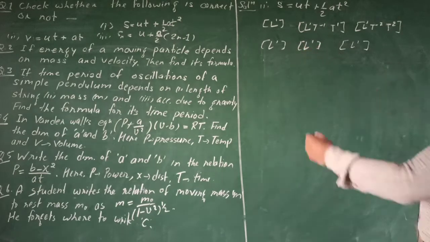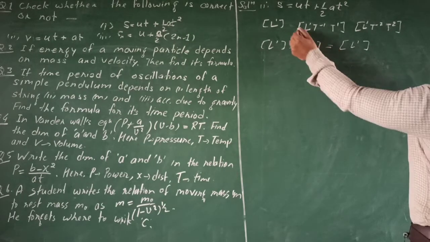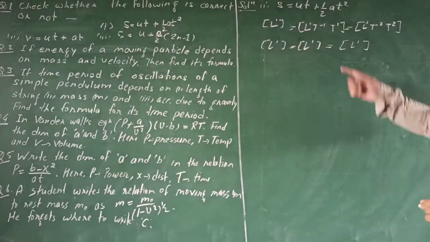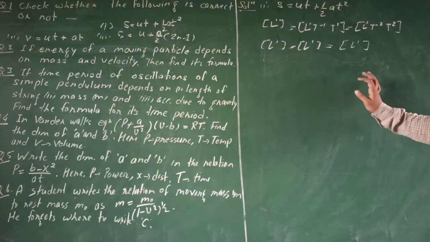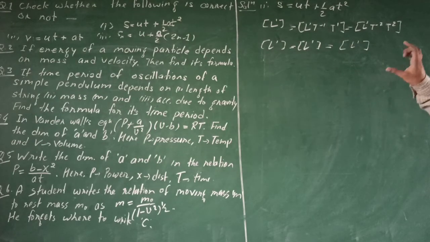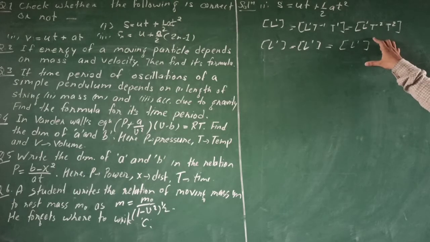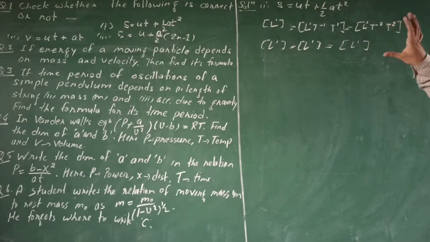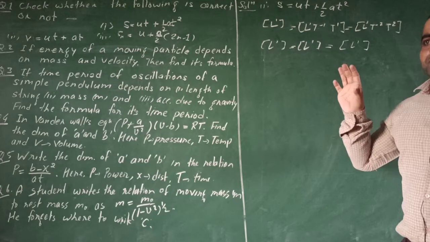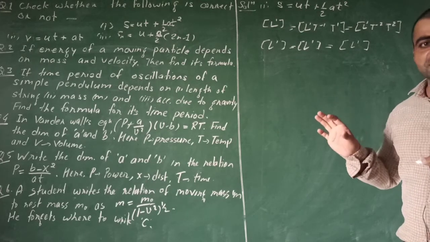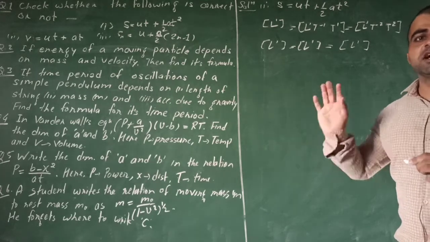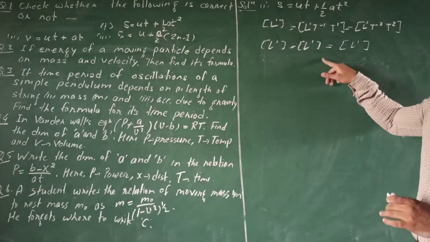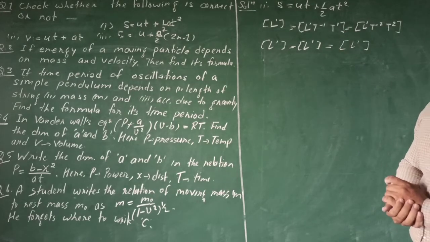We can see all are equal, means this proves the law of homogeneity, so the relation is correct. If the relation proves the law of homogeneity, then the relation itself is proved. Check the second question.